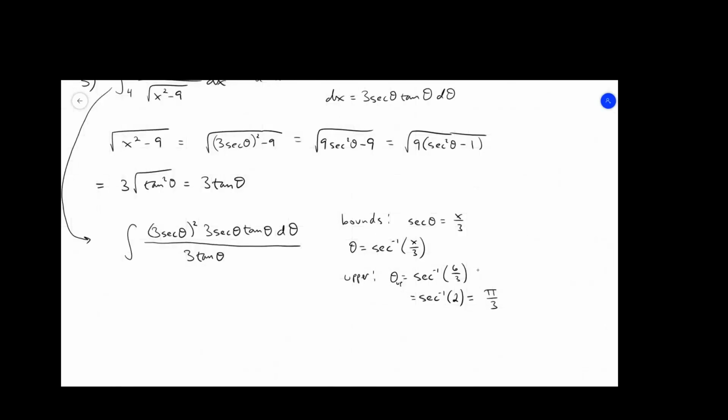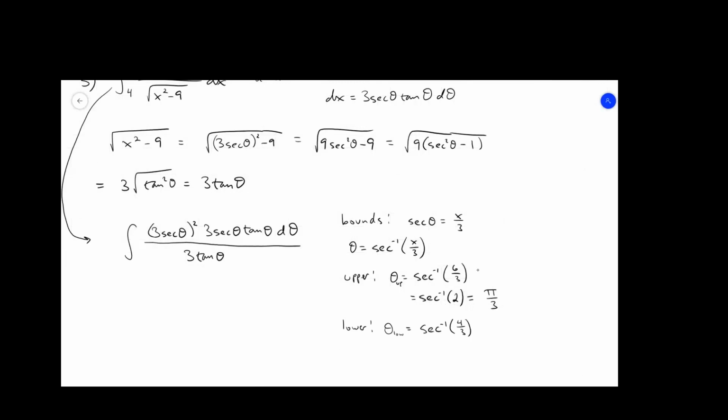The lower bound, I have to just plug in the old bound. What was the old bound? It was 4. So I plug it in for x, so 4 over 3.